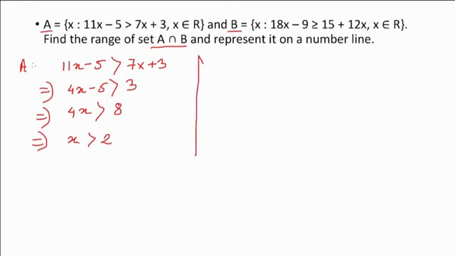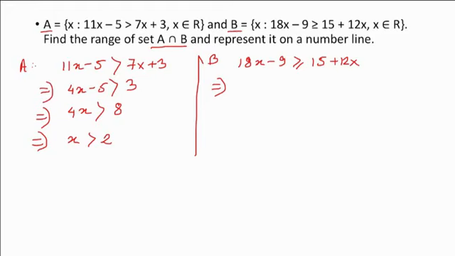Now let's try to solve the second inequation, that is inequation B. So here the condition is given as 18x minus 9 is greater than or equal to 15 plus 12x. Again, let's first bring all the x terms on one side of this inequation.